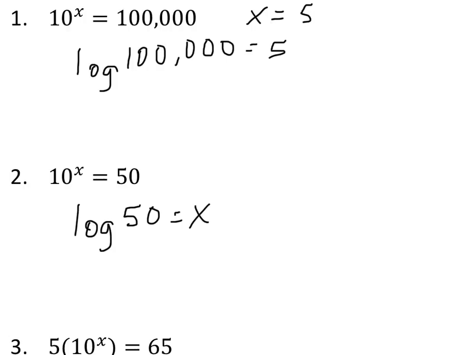And we can go ahead and estimate to make sure that the answer will be reasonable. I know that 10 to the 0 power equals 1, 10 to the first power equals 10, 10 to the second power will equal 100. So 50 is going to be somewhere between 10 and 100, which means my exponent is going to be somewhere between 1 and 2.